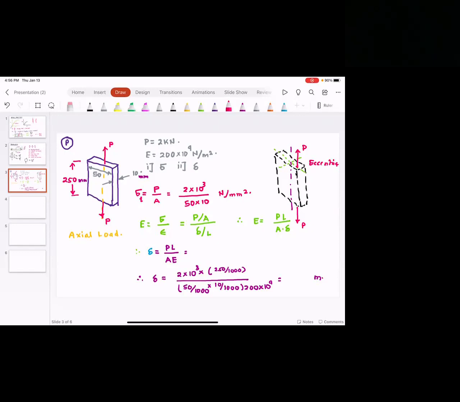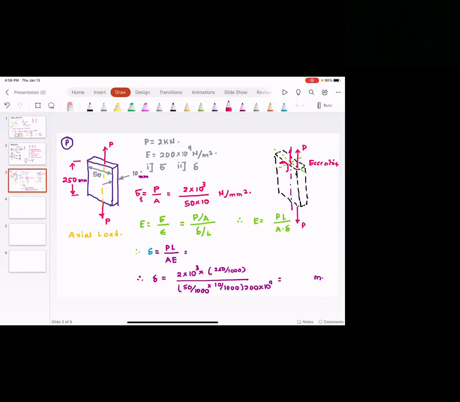How do we solve problems like this? Whenever you have a load that does not go through the center line, it gives rise to moment. I want you to understand this very carefully, this is very important: load P is going to give you a moment and it's going to give you an axial force.